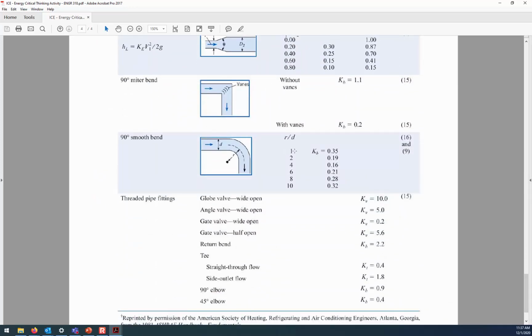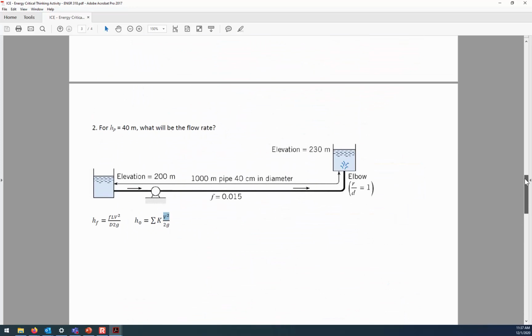So r to d of 1, that K value is 0.35. And then we have 0.35 here, 0.5 there, and 1.0. So 1.5 and 0.35, that's 1.85 as the sum of the K values.